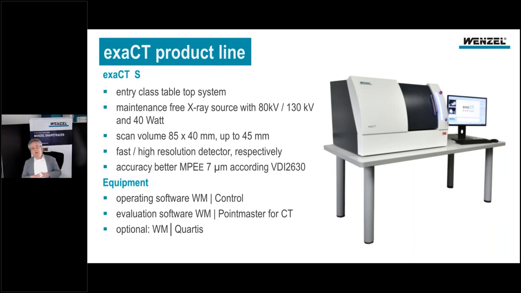The scan volume is 85 millimeters times 40 millimeters, which is perfectly suited for micro metrology applications. We have it with a fast or a high resolution detector, and when we want to use it as a metrology system, as a coordinate measurement device, then we have to talk about accuracy. The accuracy is stated in a German guideline called VDI 2630, and we're talking about 70 microns of accuracy for our tabletop system.